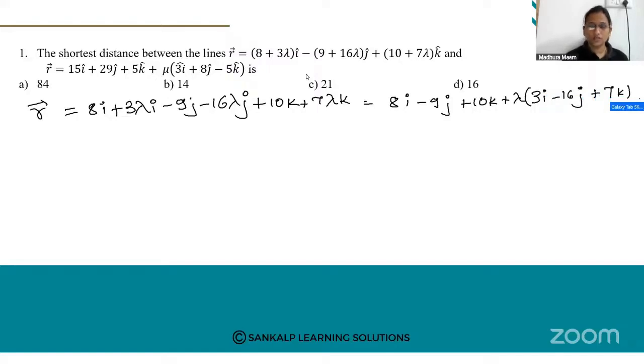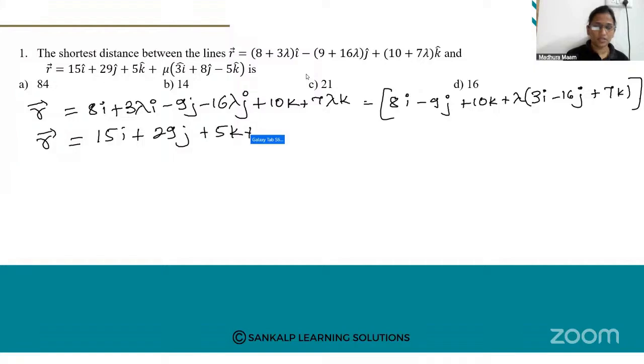Fine, this is your standard form now, in the form of A plus lambda B. The second equation is already in the standard form: 15I plus 29J plus 5K plus mu into 3I plus 8J minus 5K.